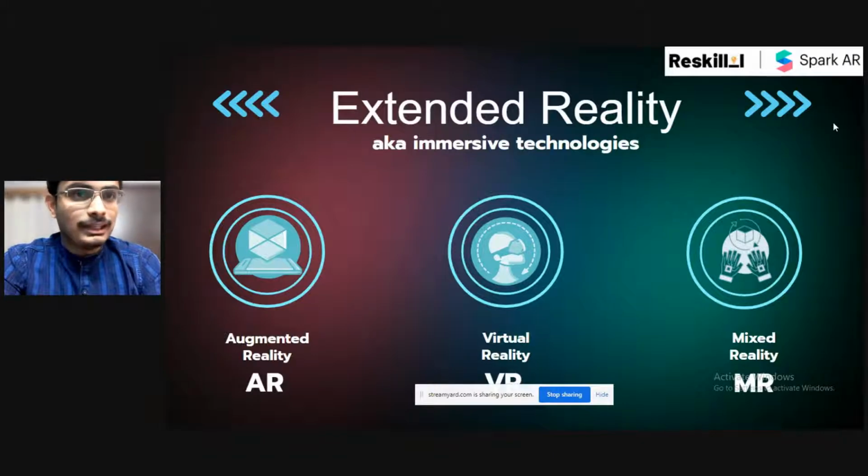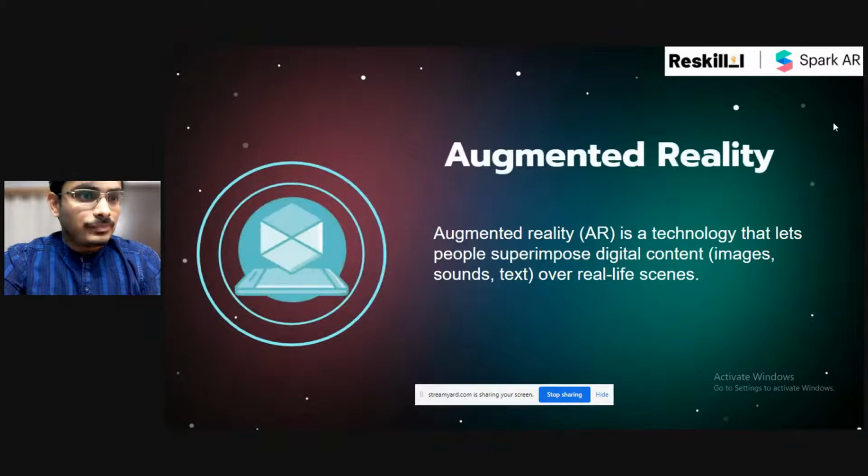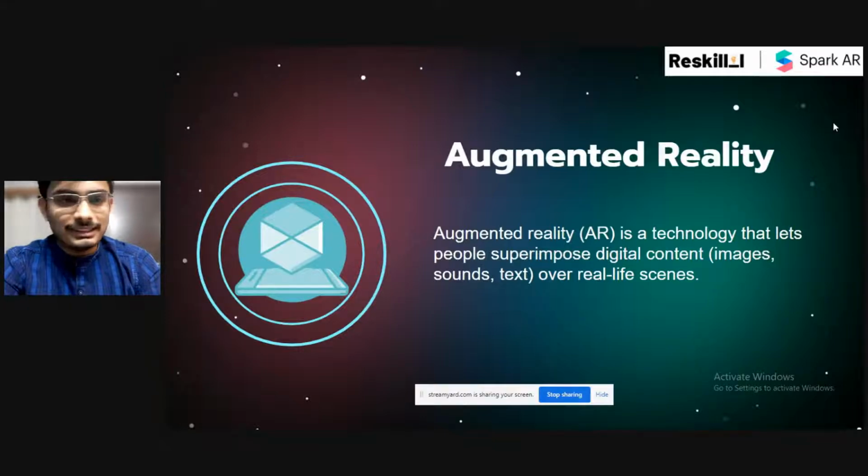It is said to be the technology of the next 10 years. We'll be seeing a lot of news coming around extended reality with some different names, but all covered inside that. So when we are discussing augmented reality and virtual reality, augmented reality is a technology that lets you superimpose something into the real world. So anything that does not exist in the real world and we are digitally trying to superimpose, that is augmented reality.